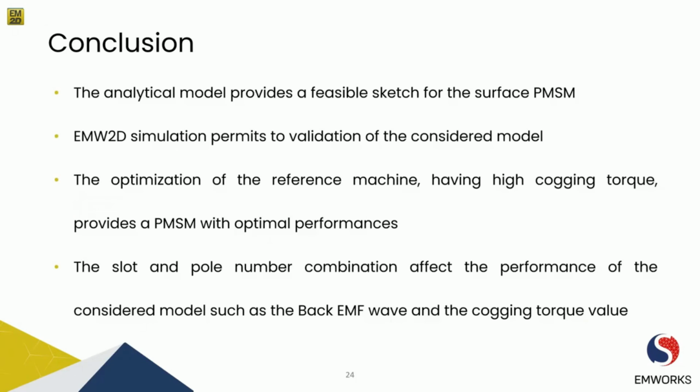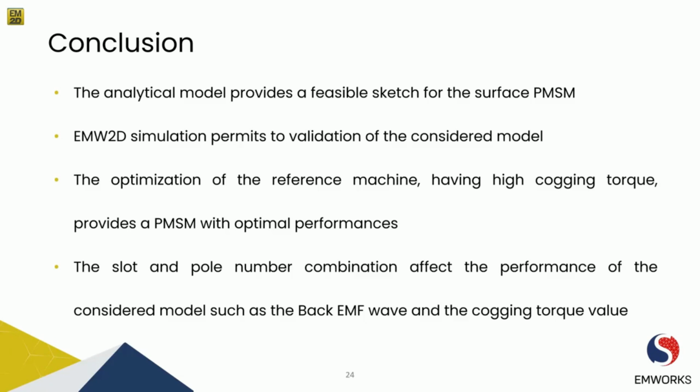vibration. To conclude today's webinar, we saw the analytical model for the surface PMSM to get a feasible starting geometry for our design and specification, and then we validated it using EMWorks 2D software, and later we optimized the reference machine to reduce the cogging torque ripple and also to improve its back EMF.